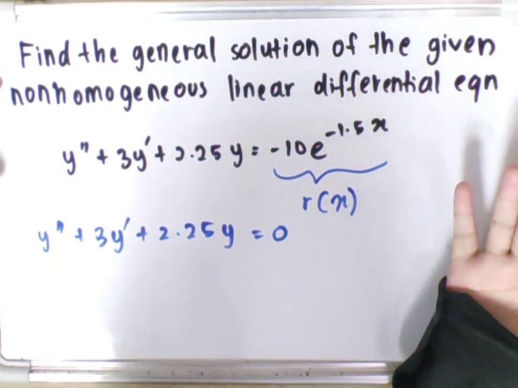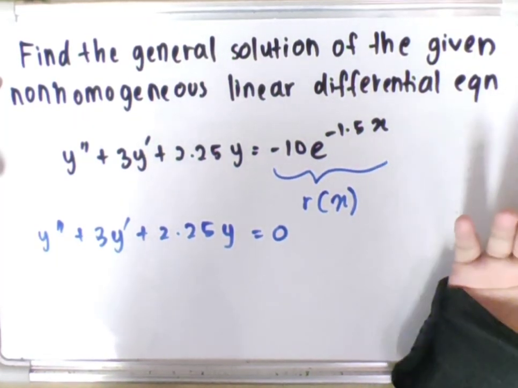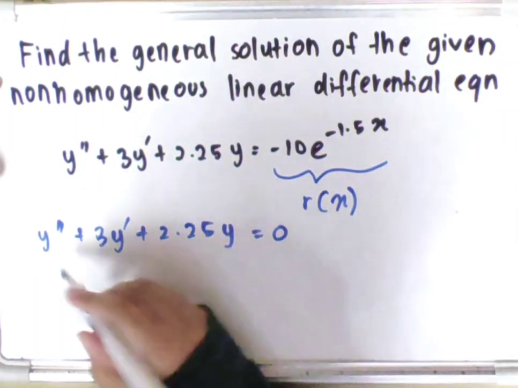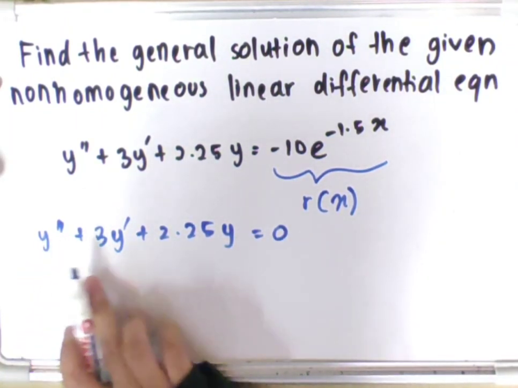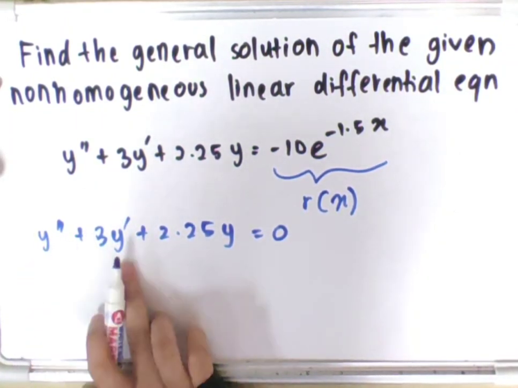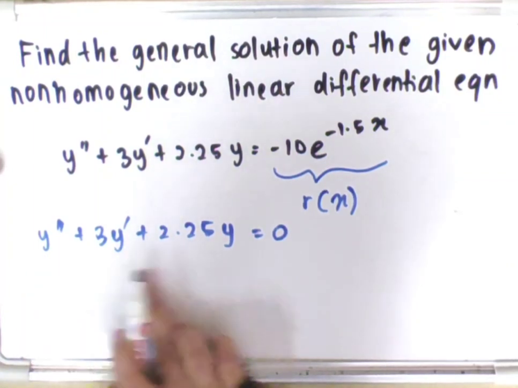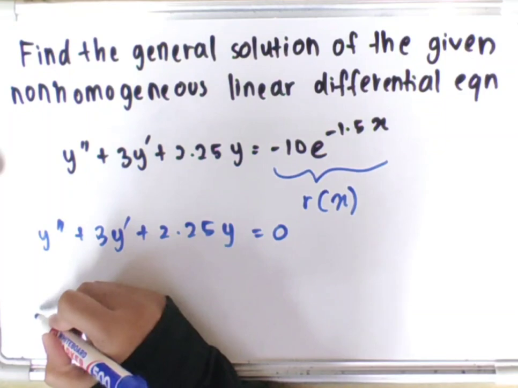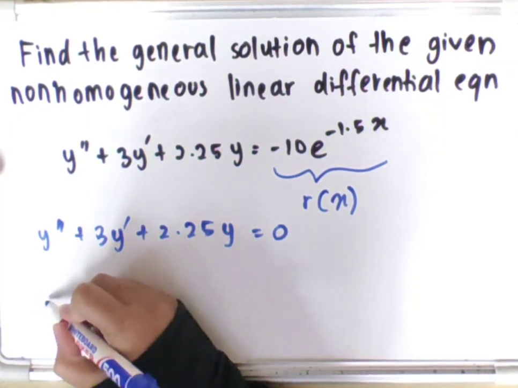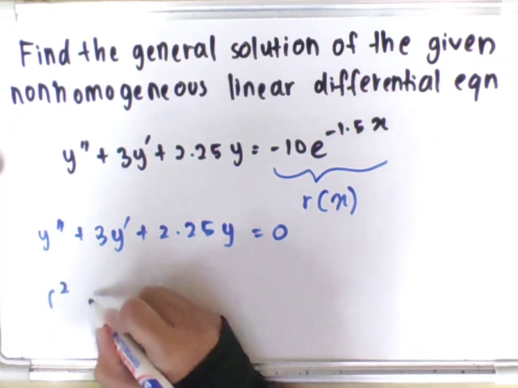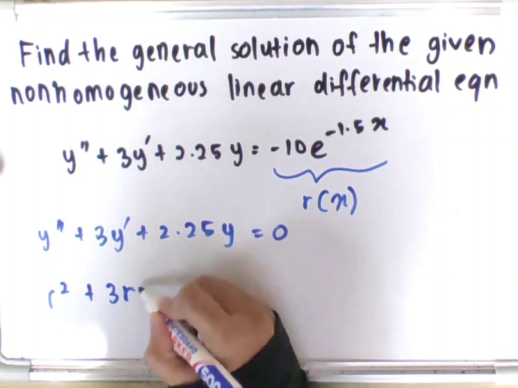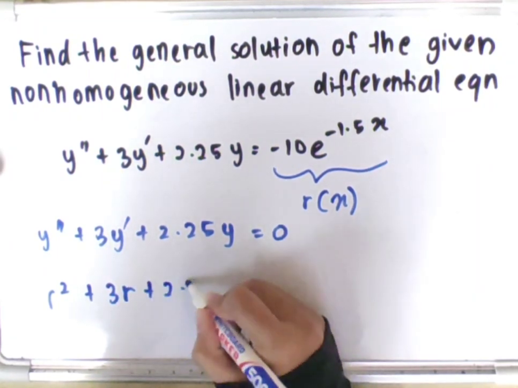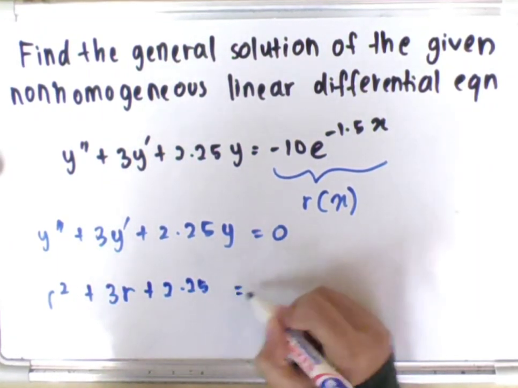After that, we find the characteristic equation, where y double prime, y prime, and y are turned into r. So the characteristic equation is r squared plus 3r plus 2.25 equal to 0.